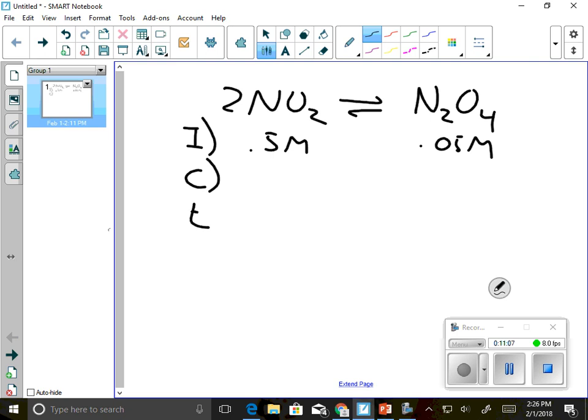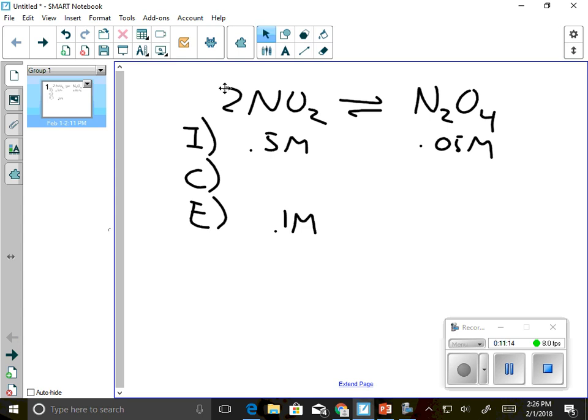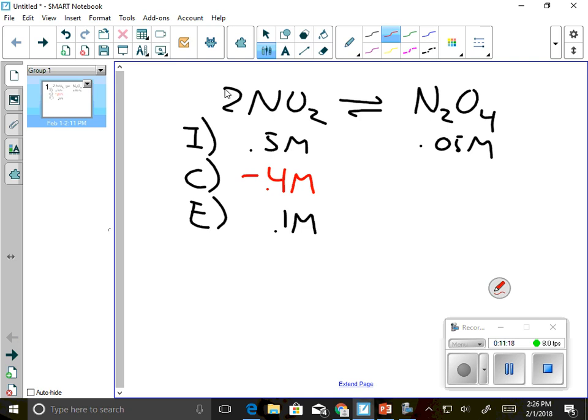Change is something we're going to try to figure out. At equilibrium is 0.1 molar. Hopefully it's easy to see that I must have lost 0.4 molar of the NO2, because if my initial concentration is 0.5, my ending is 0.1, that's how much I lost there.